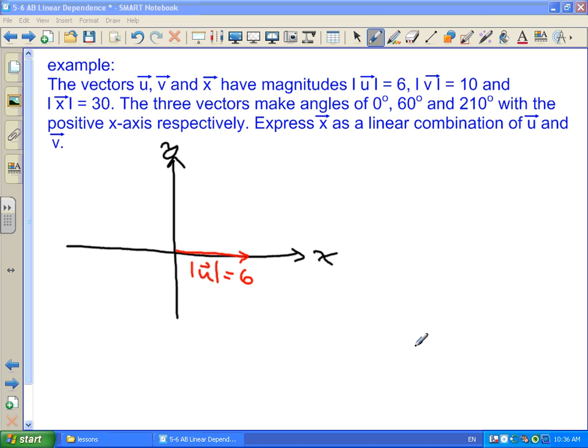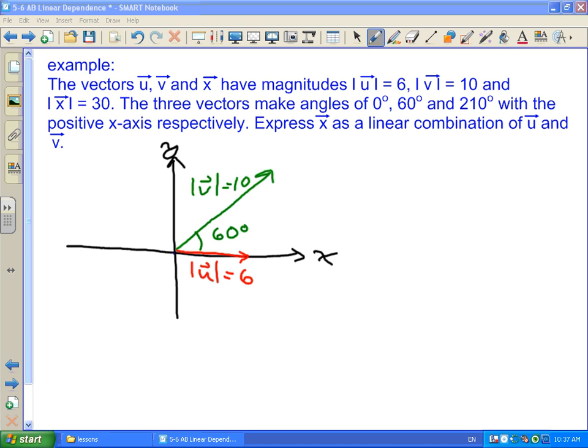V has a magnitude of 10, and it makes an angle of 60 degrees. So we can draw V kind of up here like this. The magnitude of V is 10. We've got an angle in here of 60 degrees. Our third vector is x. It has a magnitude of 30, so it's considerably bigger than the other two. And it makes an angle of 210 degrees with the positive x-axis.